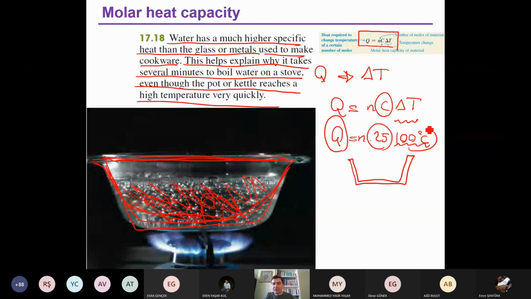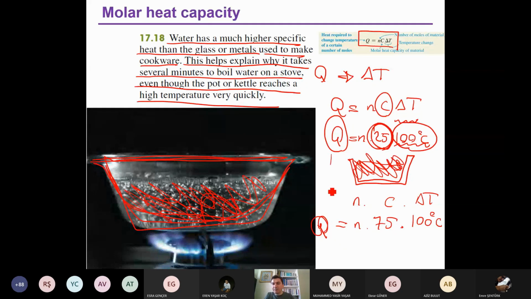Just consider water, and here within the aluminum pot, you have water, and water has around 75 molar heat capacity, and you would like to produce the same temperature change, 100 degrees Celsius, this is delta T, this is C of water, and let's say the same N number. And what about the Q? For the water, you need a much higher Q compared to the aluminum, okay?